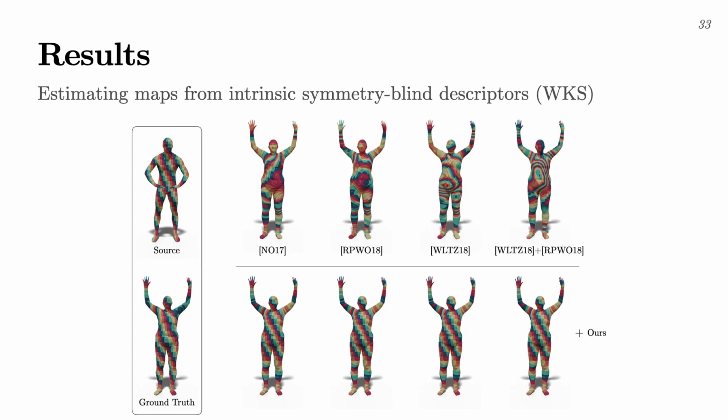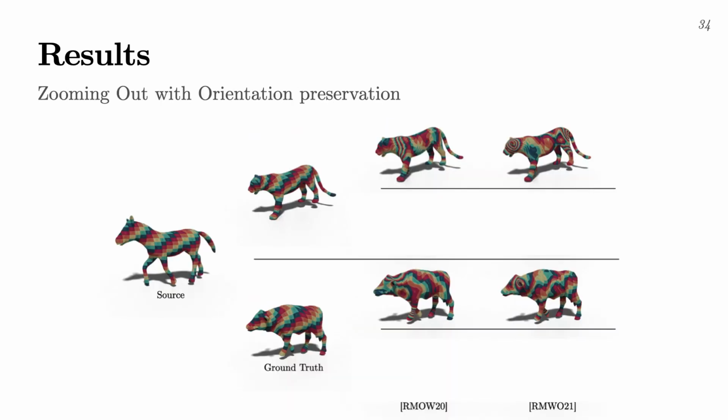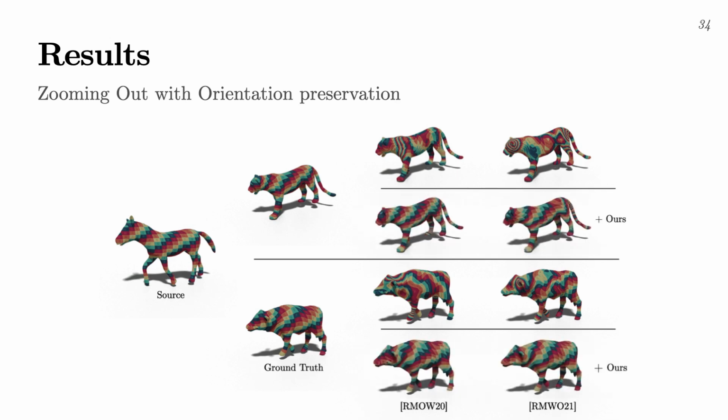We can also plug our complex functional map addition into pipelines that don't involve descriptors, such as refinement pipelines. For instance, we have this zoom out or follow-up refinement pipelines, and we can plug our method, our complex functional map addition, into them, and we get also better maps that are closer to ground truth, and they help deblurring the general pipeline.